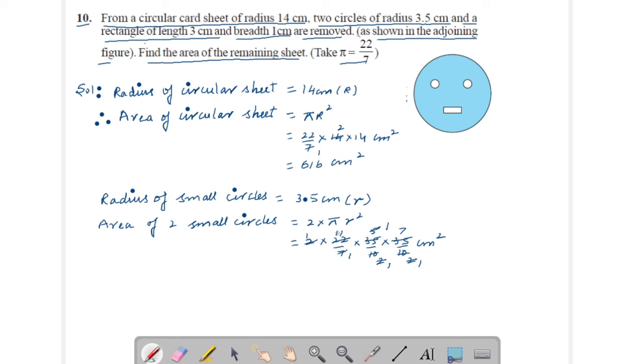What will you get? 11 into 7 equal to 77 centimeter square.